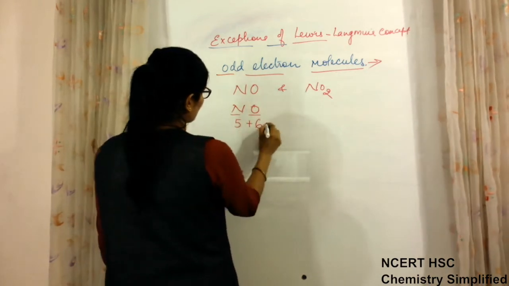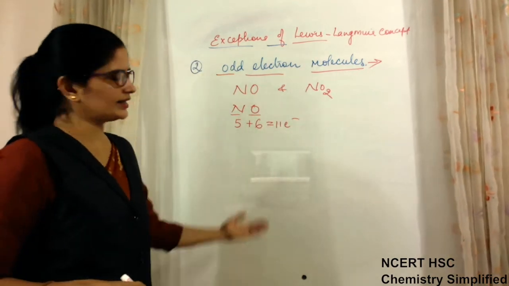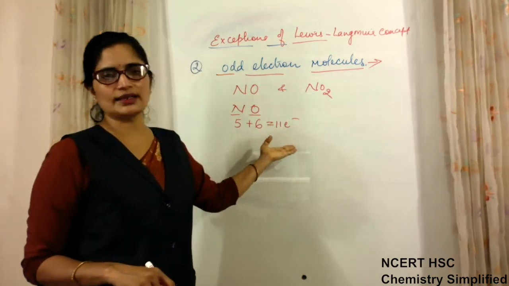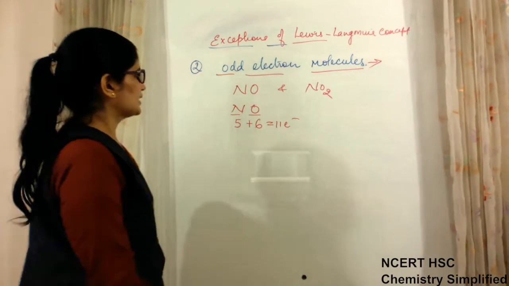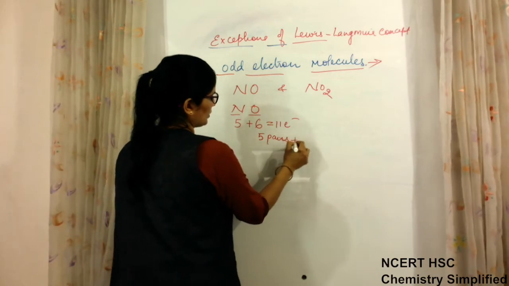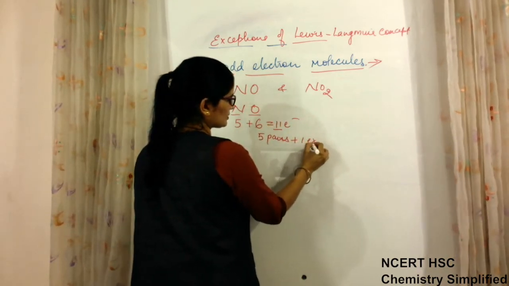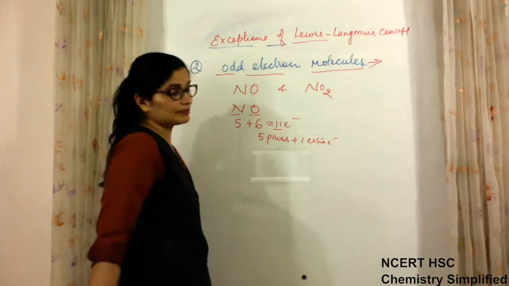So that is 11 electrons. It's clearly visible on its own that these will not form pairs. That means we can say we have 5 pairs. 10 electrons will make 5 pairs plus 1 extra electron is present.